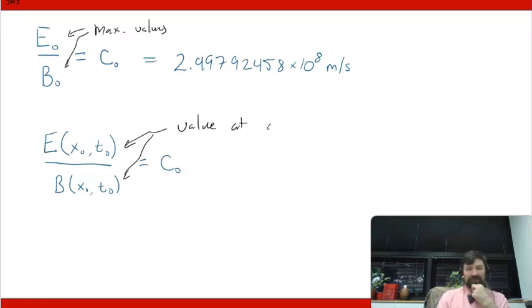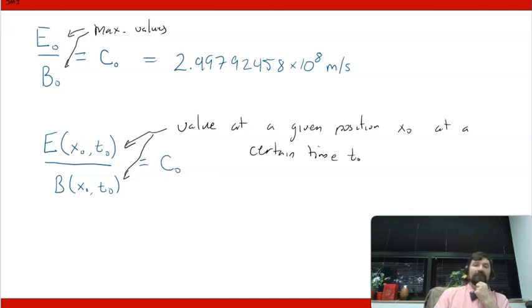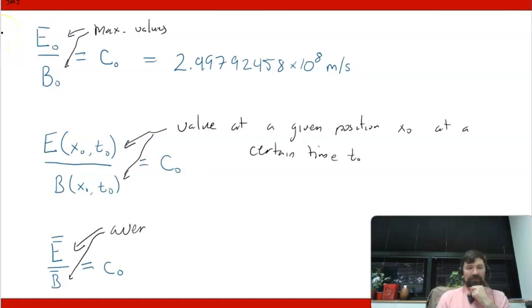So value at a given position x naught at a certain time t naught. Okay. That also means, for what it's worth, that if you took the average of the two and took that ratio, so like E average over B average, we would once again obtain this same ratio, c naught. So these are now the average values. Okay.